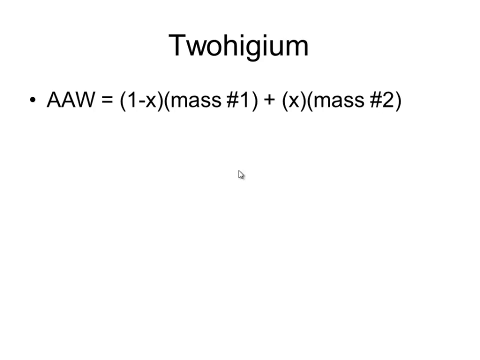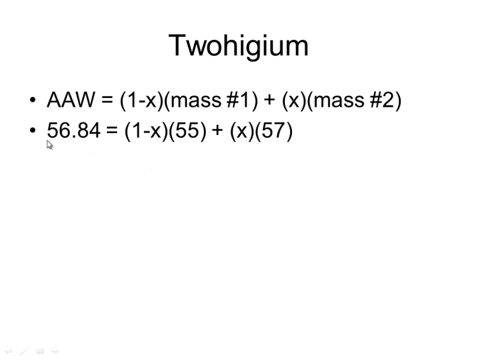Now that you've worked through the problem, we're going to go through this one step at a time. So we have 56.84, the atomic weight, equals 1 minus x times 55, the mass of the first isotope, plus x times 57, the mass of the second isotope.